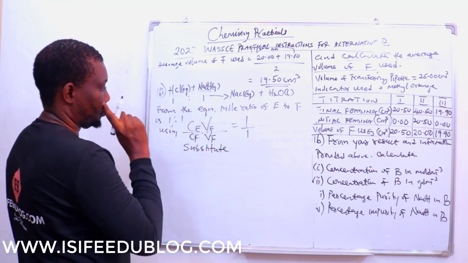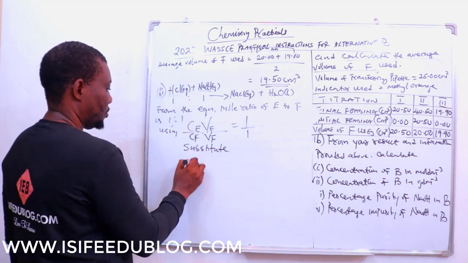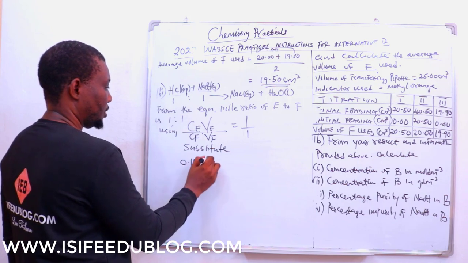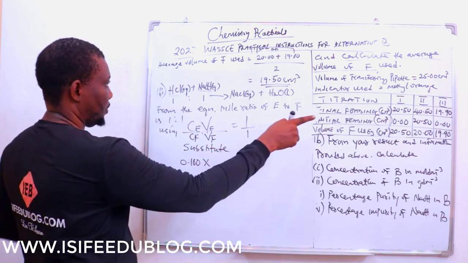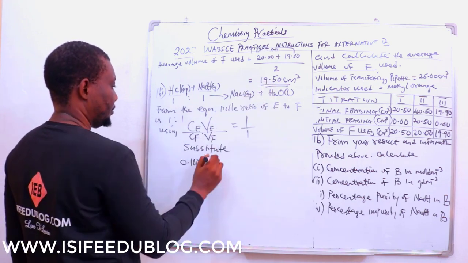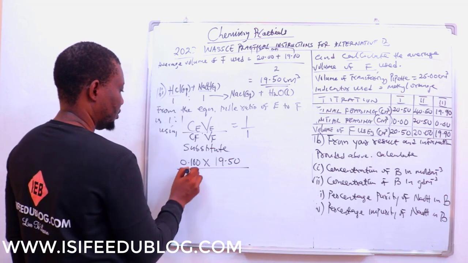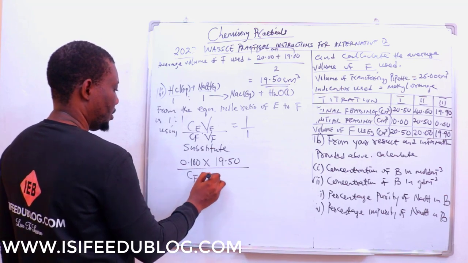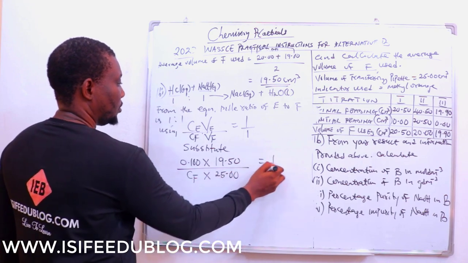You're already given that CE is 0.100 times VE, the total value we got here, which is 19.50, upon CF, which we're looking for, times the volume of the pipette, plus 1 was 1.